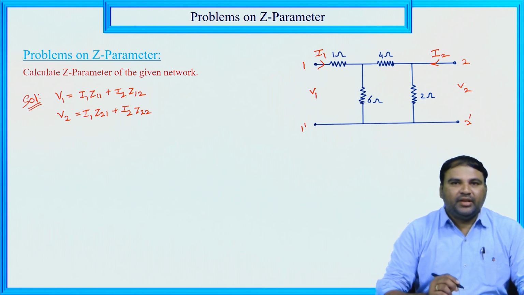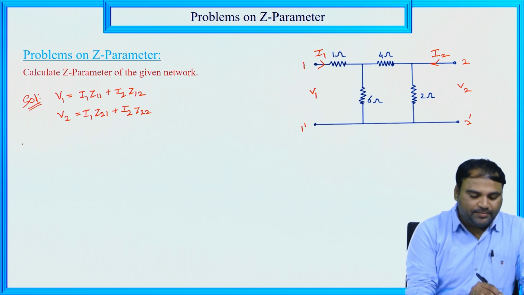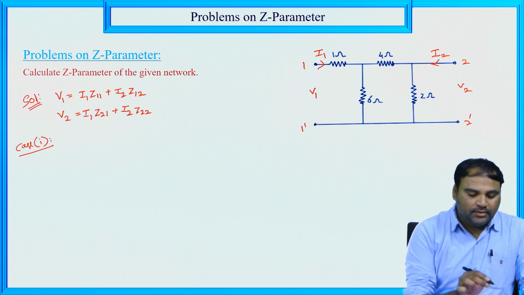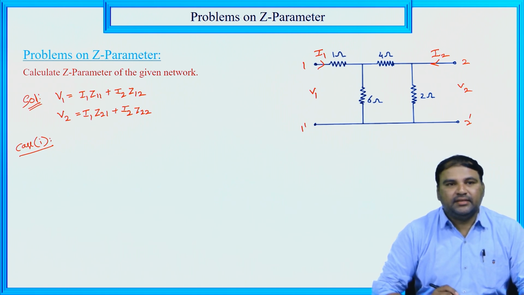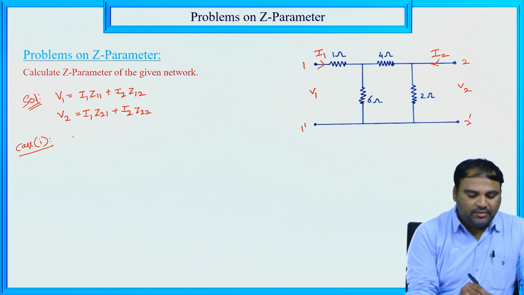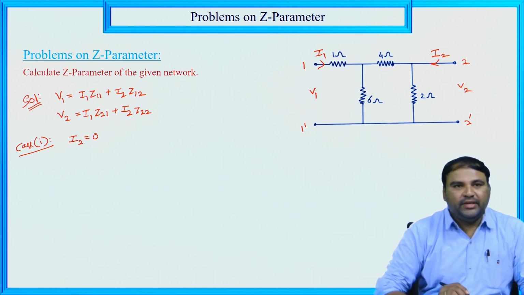Here I am taking the first case. In the first case, we have the voltage equations in terms of current, so first we need to take I2 equal to 0.